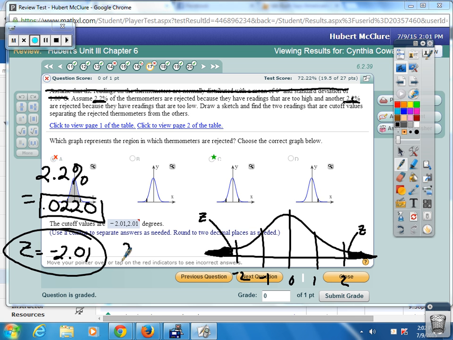So, negative 2.01 and what? 2.01. Just be careful. If they're not symmetric, you can't apply that rule. You have to look up the other one.